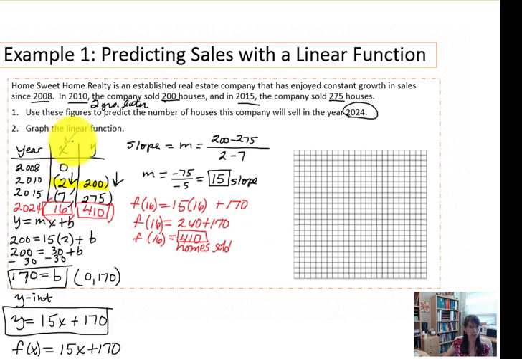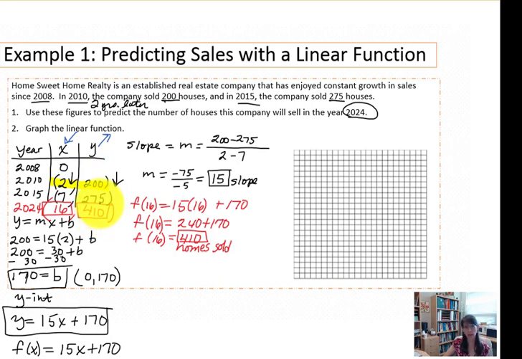Our input values for x tell us the number of years after 2008. Could the number of years be a negative number? No. So only 0 and positive numbers would make sense for the input. For the output values, y, this represents number of houses sold.